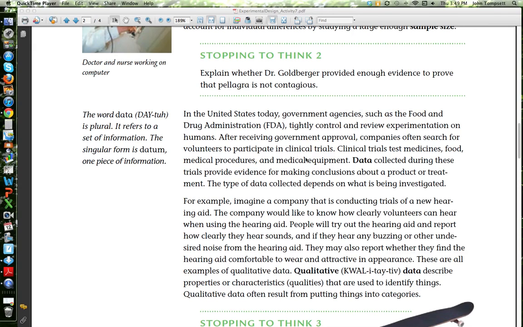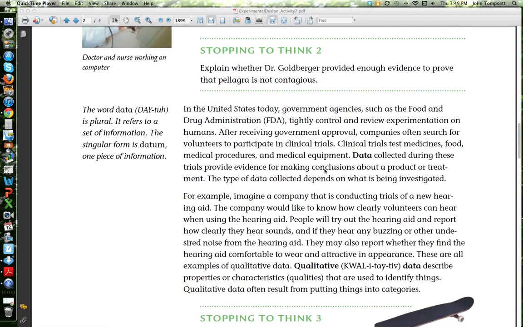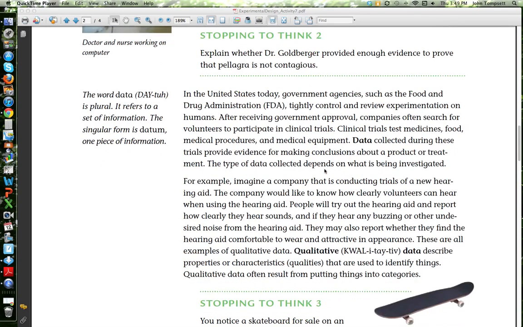For example, imagine a company that is conducting trials of a new hearing aid. The company would like to know how clearly volunteers can hear when using the hearing aid. People will try out the hearing aid and report how clearly they hear sounds and if they hear any buzzing or other undesired noise from the hearing aid.